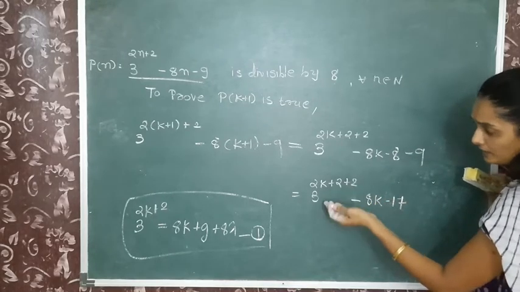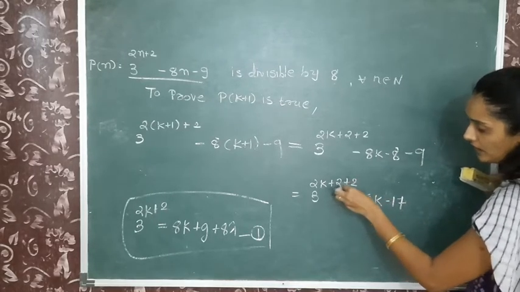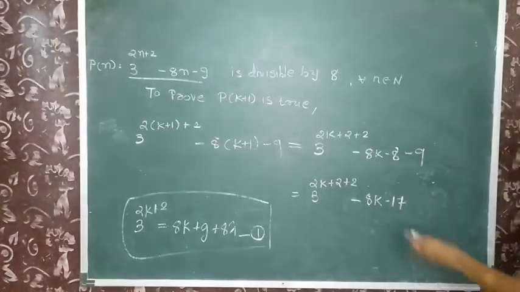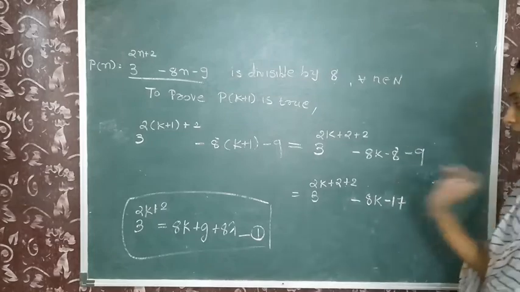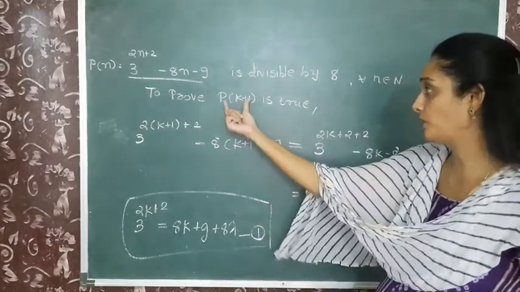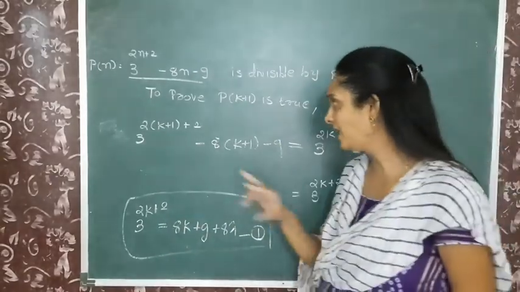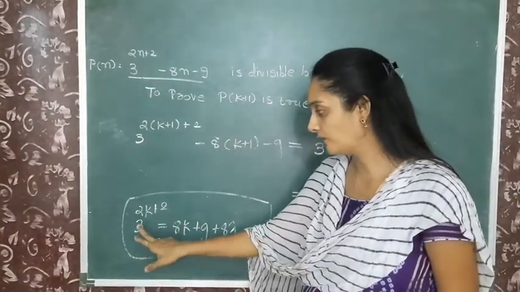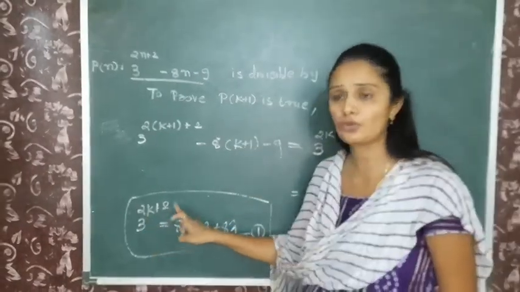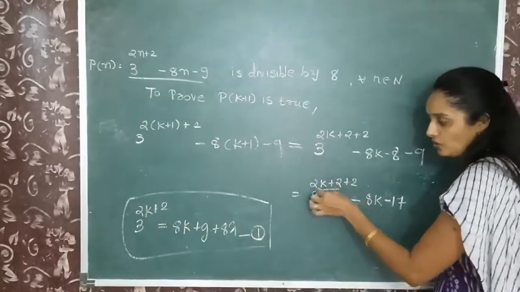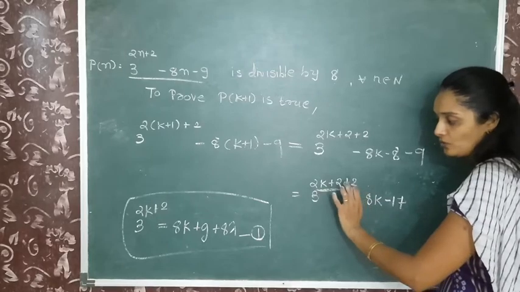Why we can't write 4, I can tell you. Okay, now in every sum we have to replace for p of k plus 1 from p of k, and in p of k we have value of 3 raised to k plus 2. So we want 3 raised to 2k plus 2. So I can't add 2 plus 2, 4.